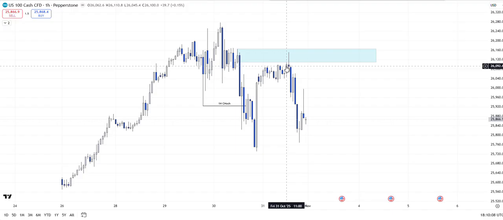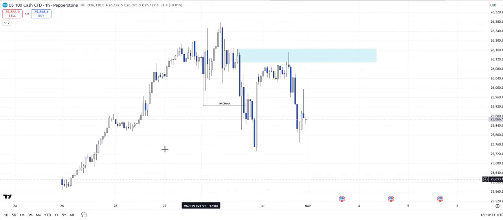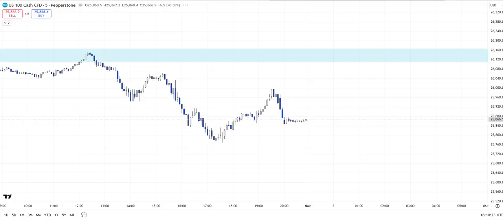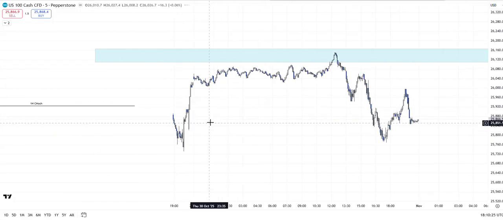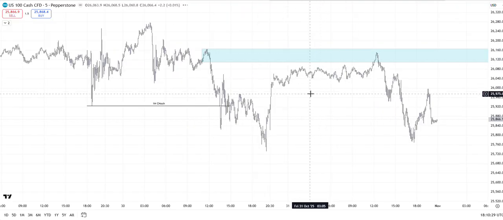Following my rules to a T, it just behaved in a certain way that made me move my stop to break even, and I'll show you, based off all the things that we've done already, it'll give you that indication. So we have a 1 hour. We drop down to 5 minutes, for example, and we see price comes up into this level. I'd like it to load it all.